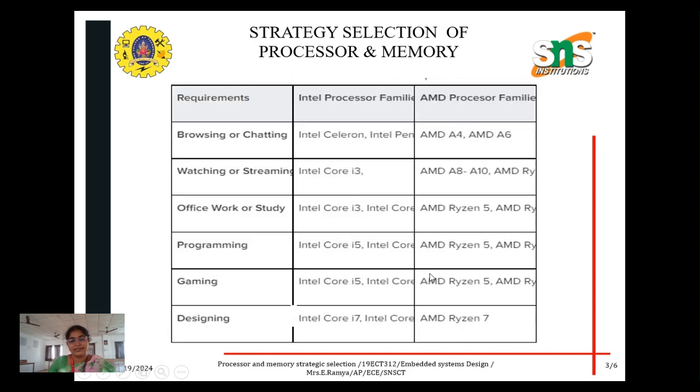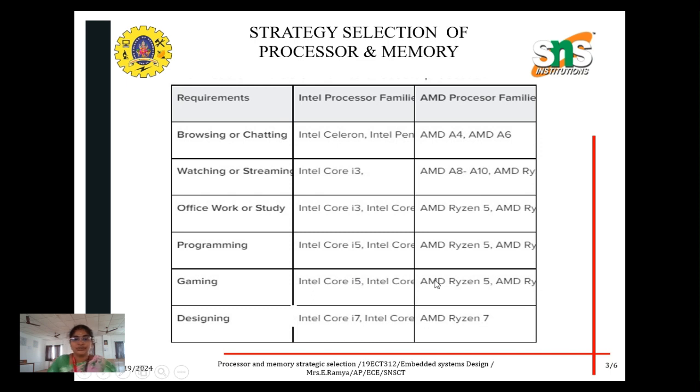For designing purposes, they can go for Intel Core i7 or AMD Ryzen 7. Mainly HP laptops come under the AMD Ryzen processor family. Intel mainly uses Intel Core i5 or i7 processors. Currently we are using i5 and i7 processors with the 11th generation.